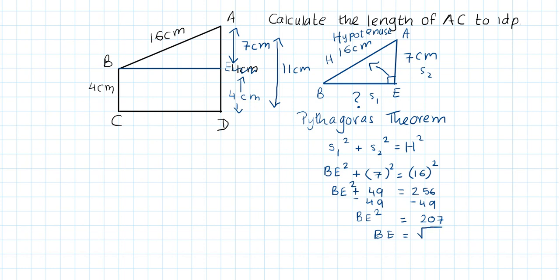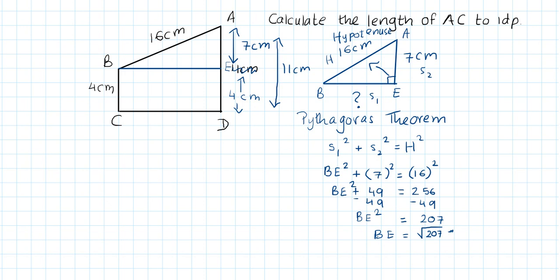I am not going to find a decimal value for it right now because I need to reuse this answer in a bit, but its decimal value is something like 14.38749457. I need to use the exact value. Some of you might be thinking, why on earth did he find the length of BE?